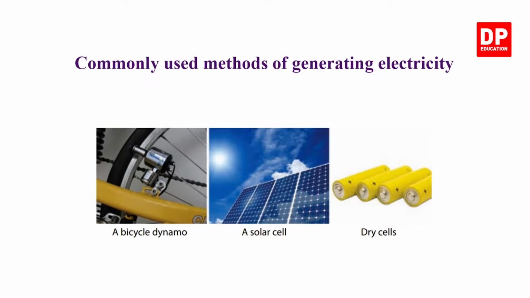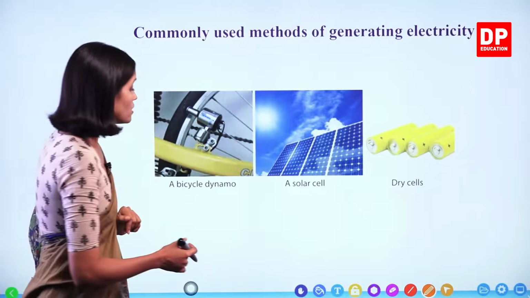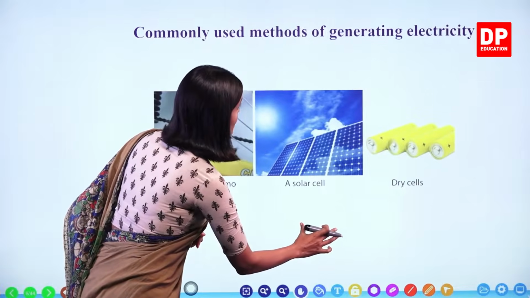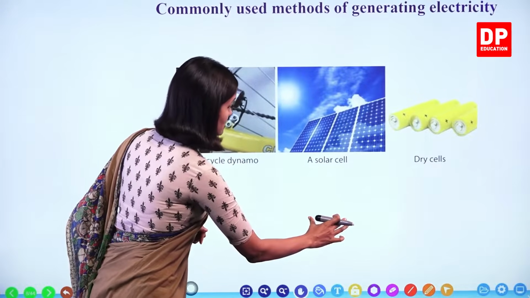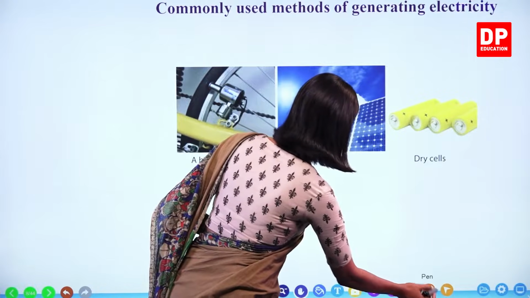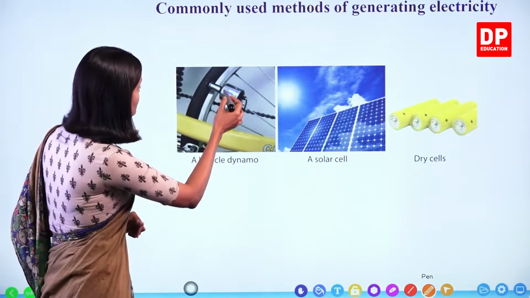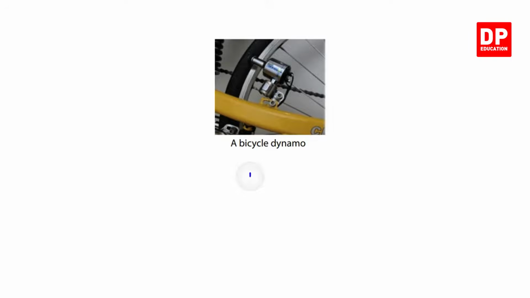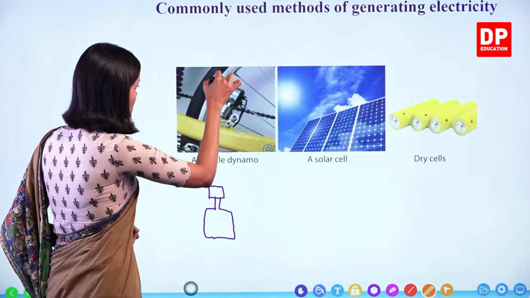How can we generate electricity using a bicycle dynamo? Okay. So when you consider the bicycle dynamo, children, you all are going to learn this better later, right? When you consider the bicycle dynamo, it is something like this, a bottle-like structure, right? So can you all see? This is the structure.